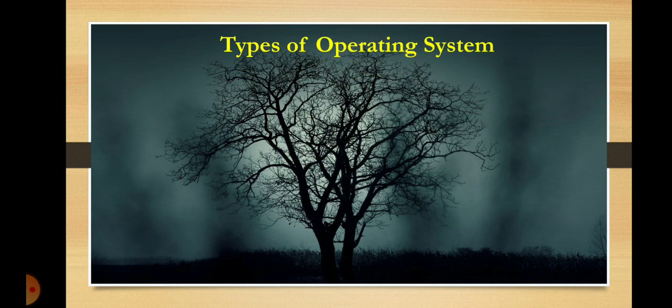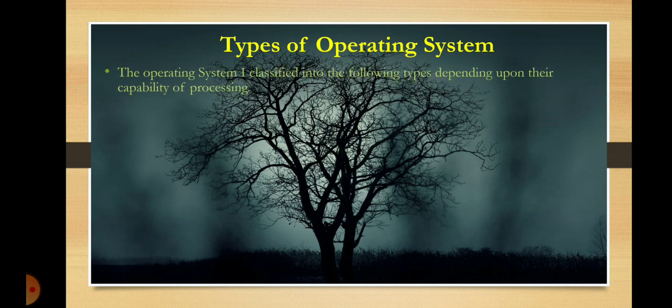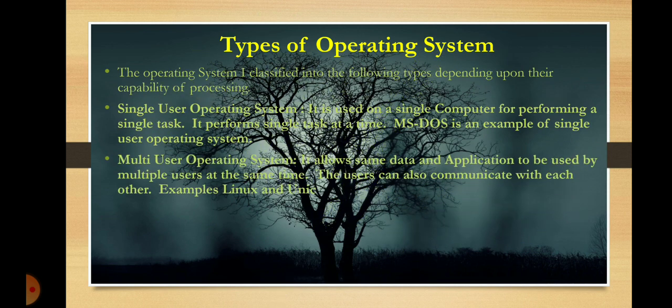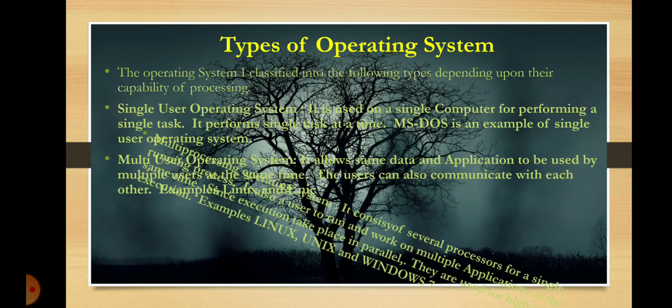Types of operating systems. Operating systems are classified into the following types depending upon their capability of processing: single user operating system, multi user operating system, and multi processing operating system.